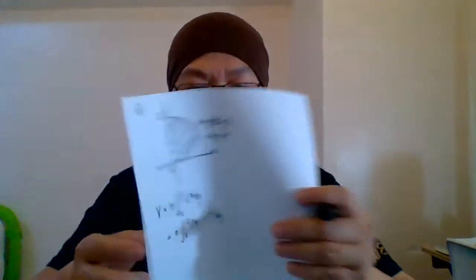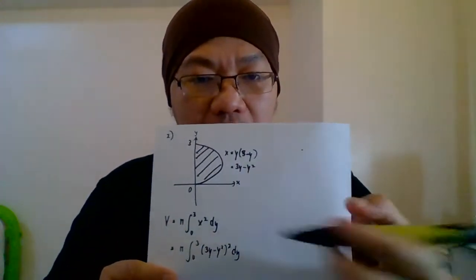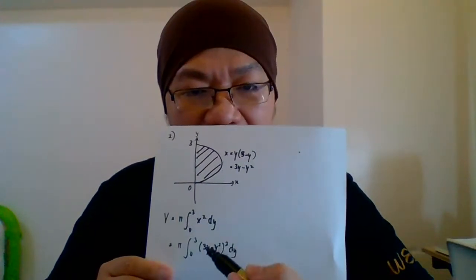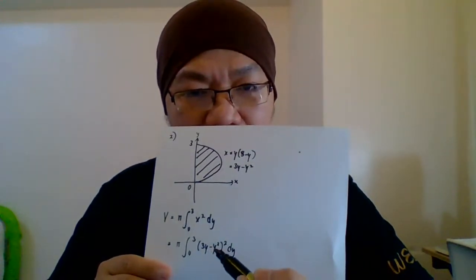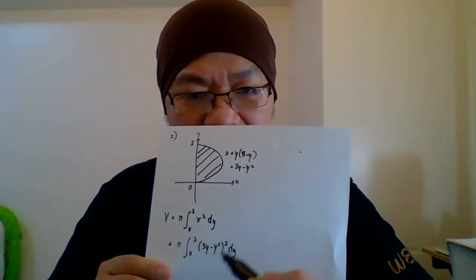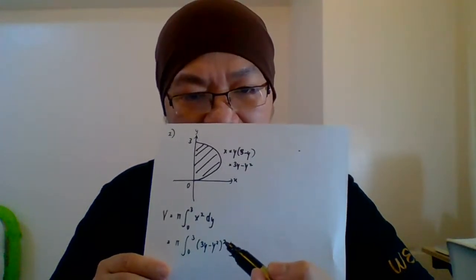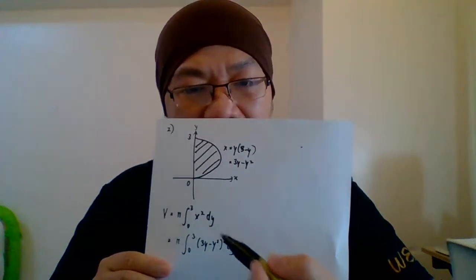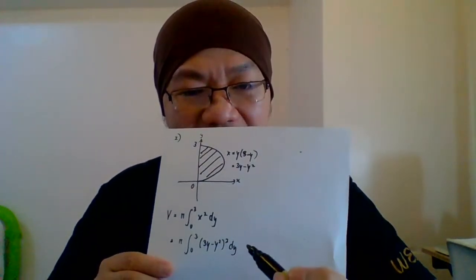Don't forget to put the square outside the bracket. Okay, you're supposed to get this one. 3y minus y squared equals x, right? So I cut and paste, I put it here, 3y minus y squared, and close the bracket and square. Why do I put the square again here? Because there's a square outside the x here. Okay, don't forget.